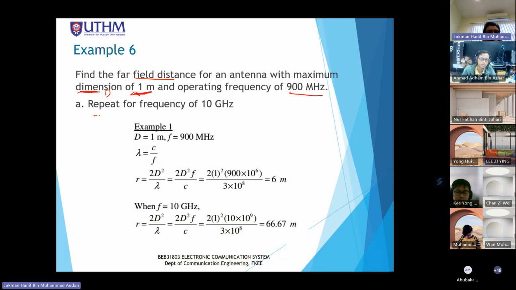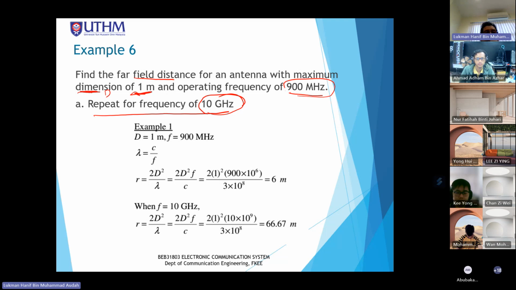Then repeat for a different frequency, 10 gigahertz. So the first question, you need to find the far field distance using 900 megahertz. Then repeat again using 10 gigahertz.